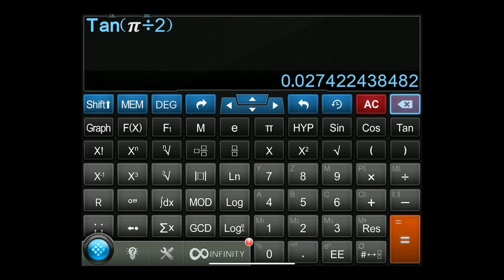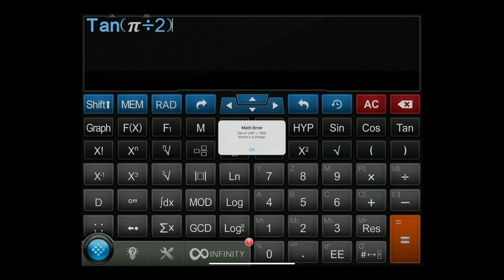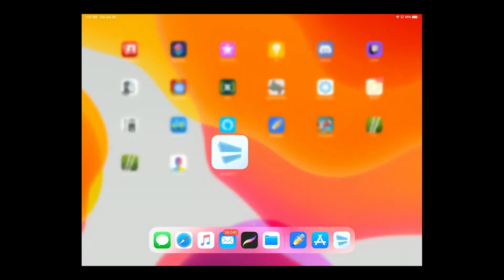I'm in degree mode from yesterday. Try again. Radian mode. Very important. Make sure you are in radian mode on your calculator for all of these. So tangent pi over 2. Math error. Okay, that's not defined.